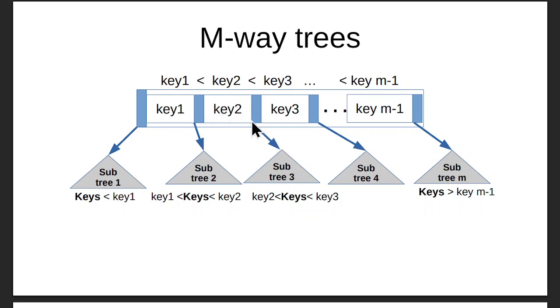The key values of subtree 2, which is the right pointer of the first key value, will be greater than key 1 but less than key 2. Similarly, the pointer for the second entry will have key values greater than key 2 but less than key 3.